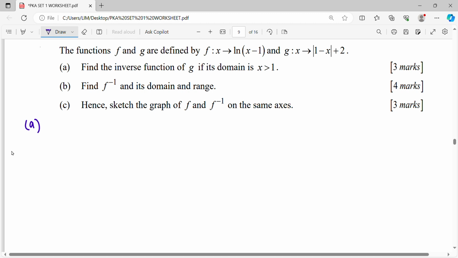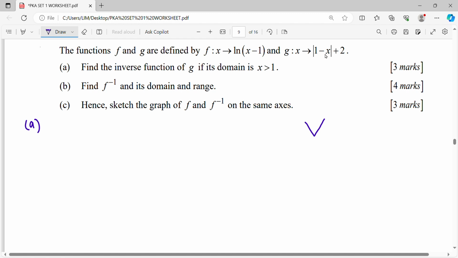Since we have a modulus function here, we can express it in piecewise form. Originally, a modulus function has a V shape. It can't be inverted. That will be our basic concept.